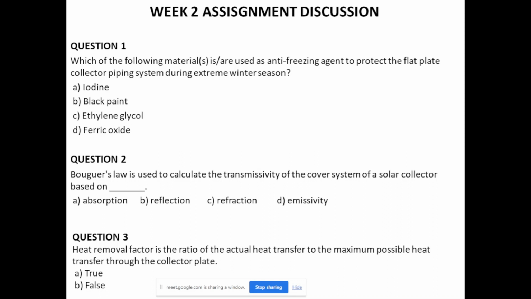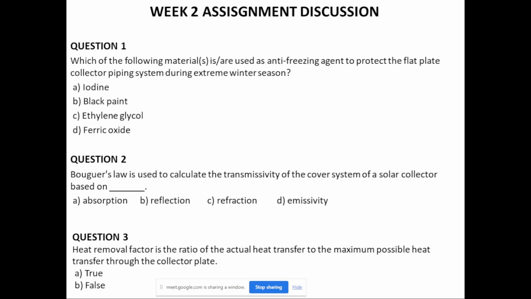If you use these two, the amount of solar radiation that you gain from the sun will increase, because black paint has the ability to absorb all the wavelengths of light and not release them back. So when it absorbs all the wavelengths of light, the heat will increase.